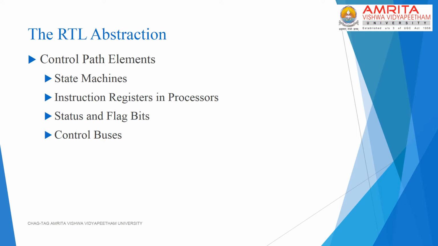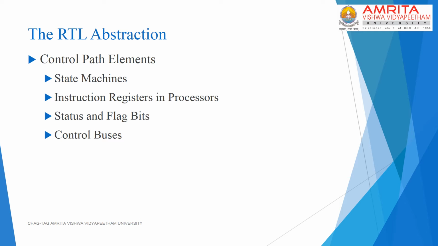In addition to the state machines and registers and status and flag bits, we have the control buses, which form the medium of communication between the control path and the data path. So based on the assertion and deassertion of these control signals, the flow of data in the data path will be regulated.